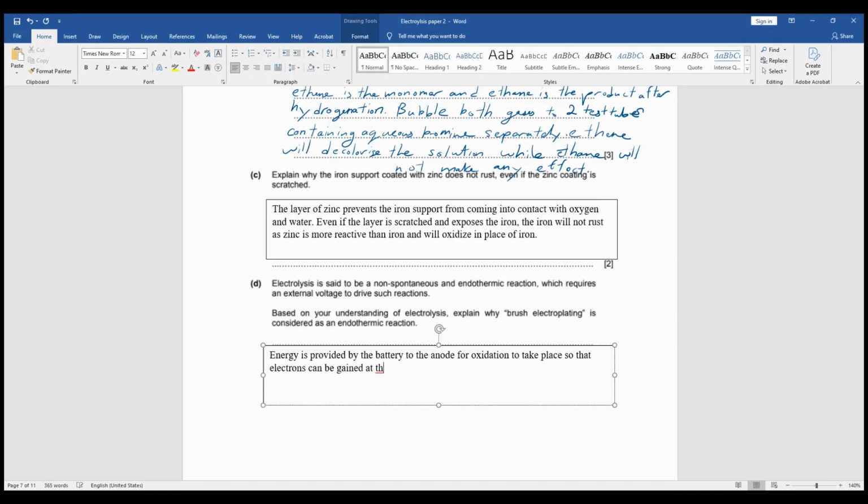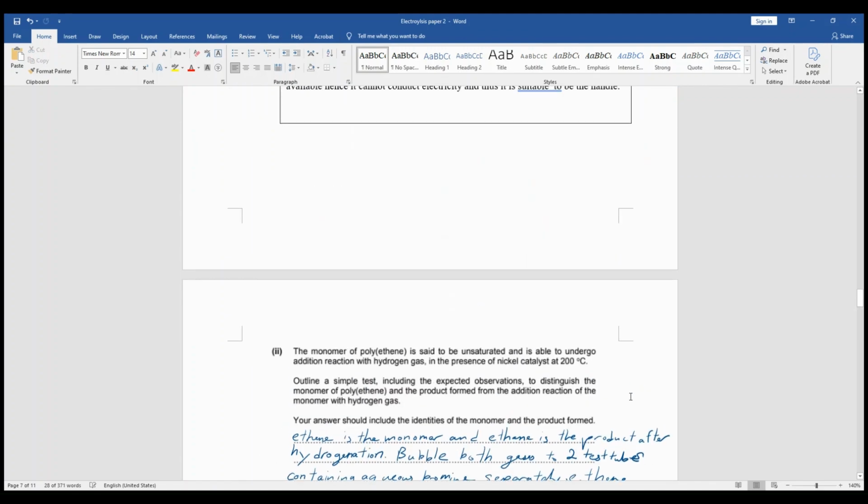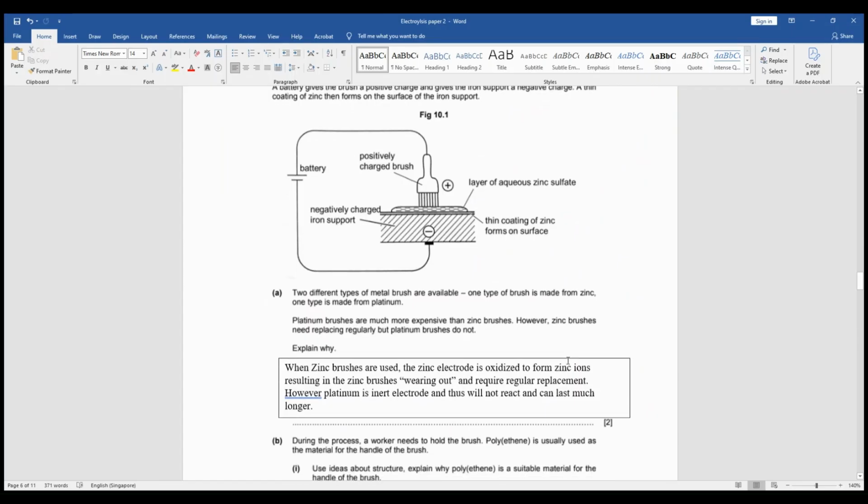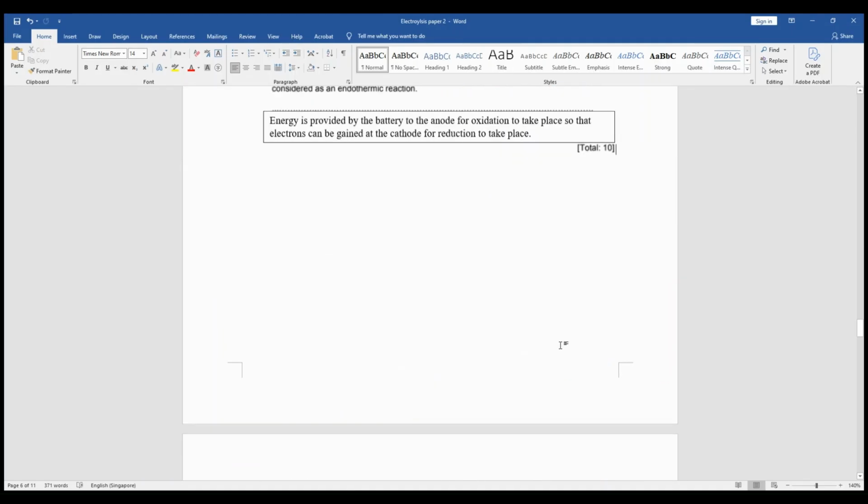You lose electrons at the anode, you gain electrons at the cathode for reduction to take place. Good enough, it's a 1 mark question. But I think most students cannot do this because it's not something that we really teach. They say positively charged, negatively charged. Good enough, because it's just the two metals.